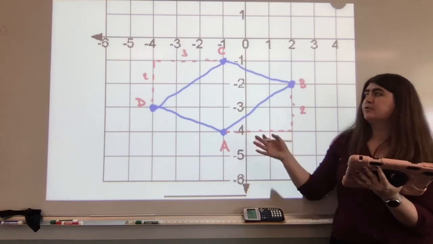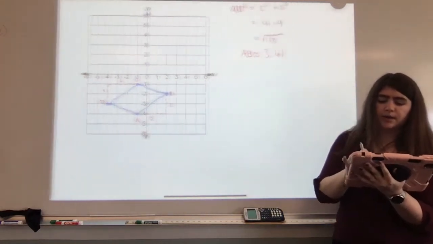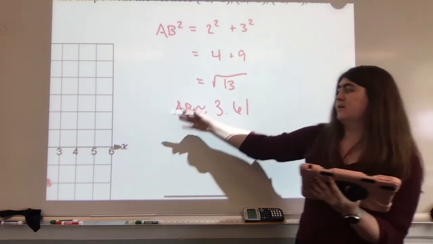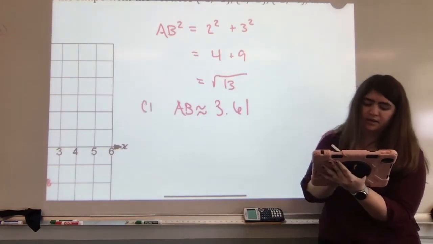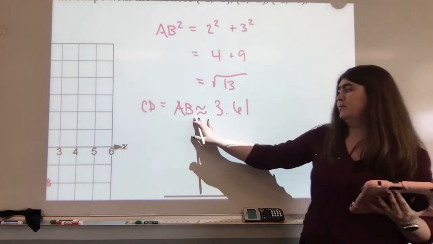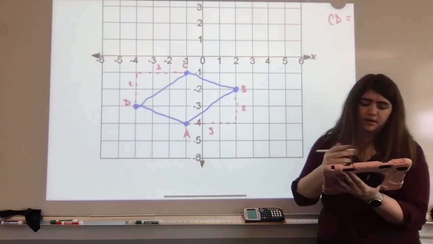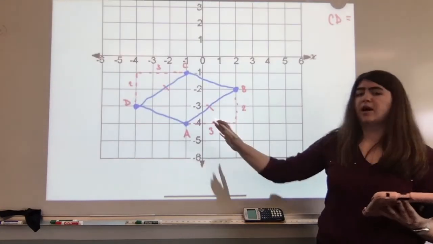That means I'd have 2 squared plus 3 squared equals CD squared. I already know what that equals, and it's the same format, so as a shortcut I'll say CD is equal to AB, and they're both approximately 3.61. I am going to mark those as congruent because I do know now that those two sides are congruent.